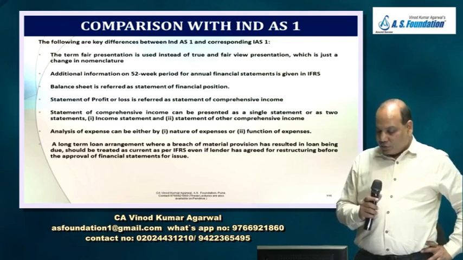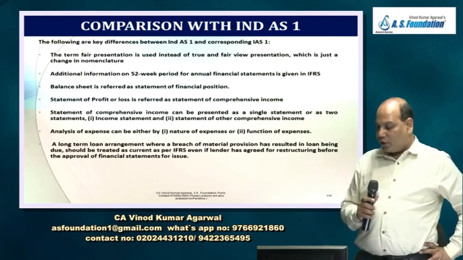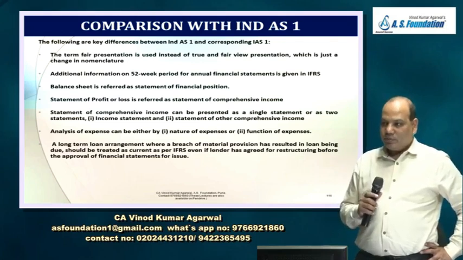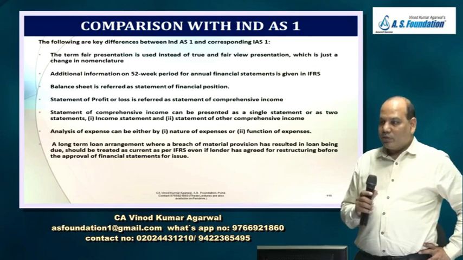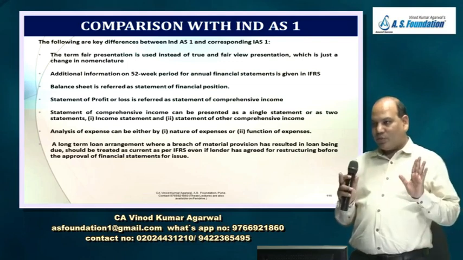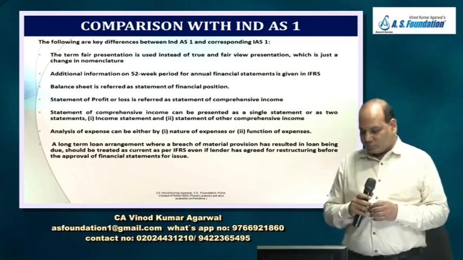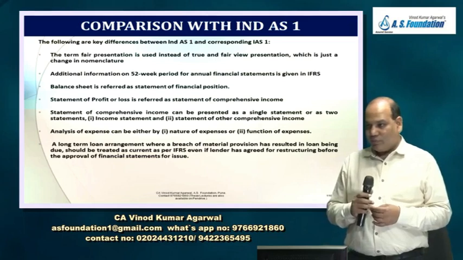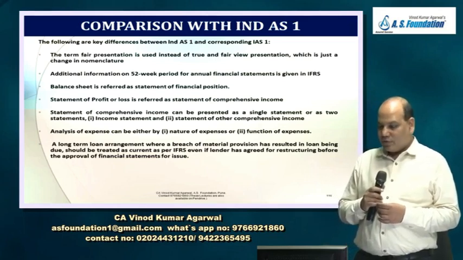Second is, IFRS allows a 52-week period for annual financial statement, whereas IND AS does not talk about a 52-week period, it talks about only 1 year. But again, I think both are not significantly different.